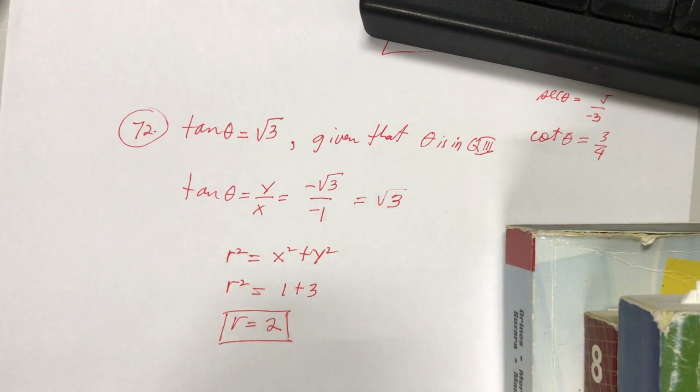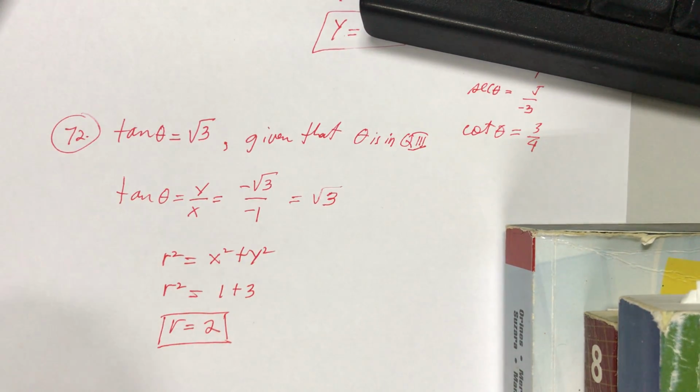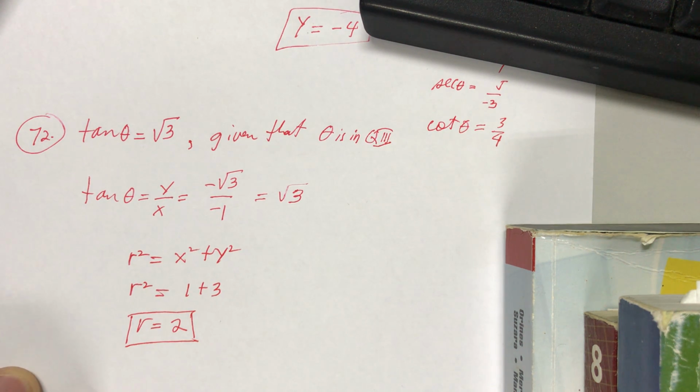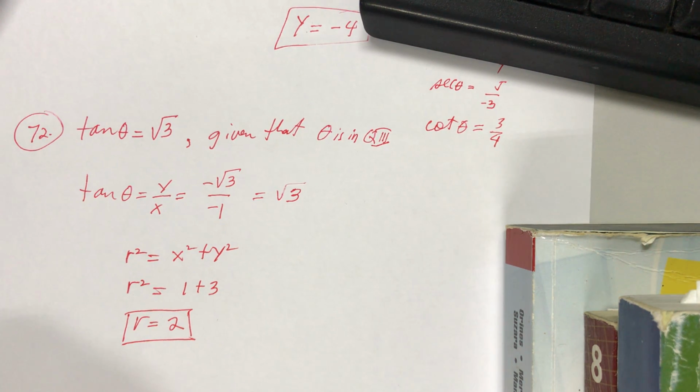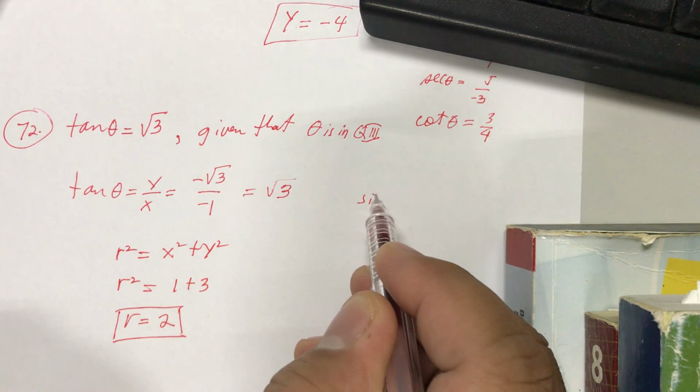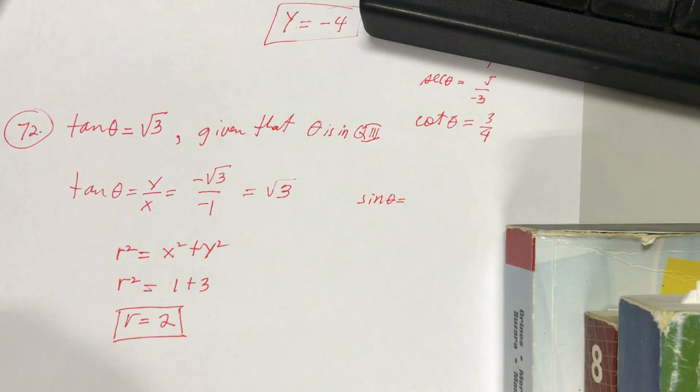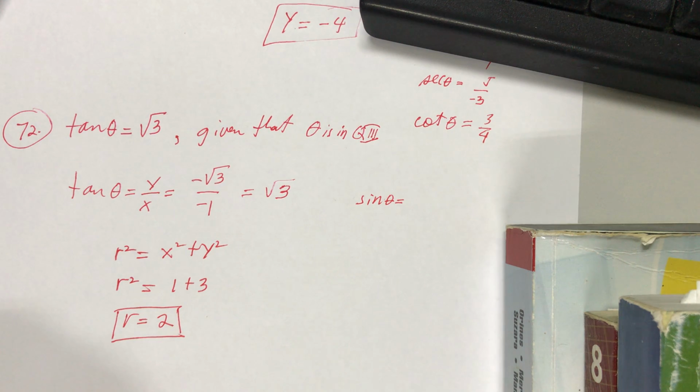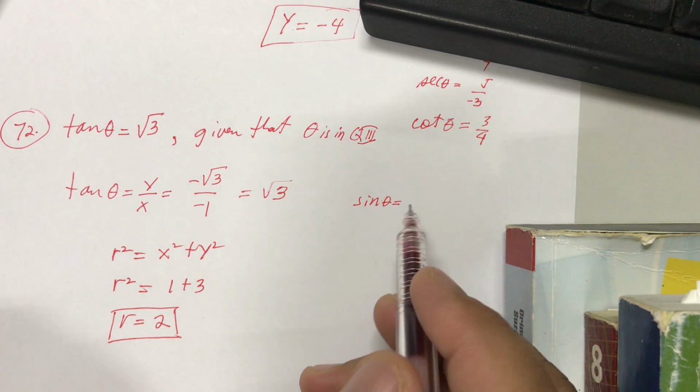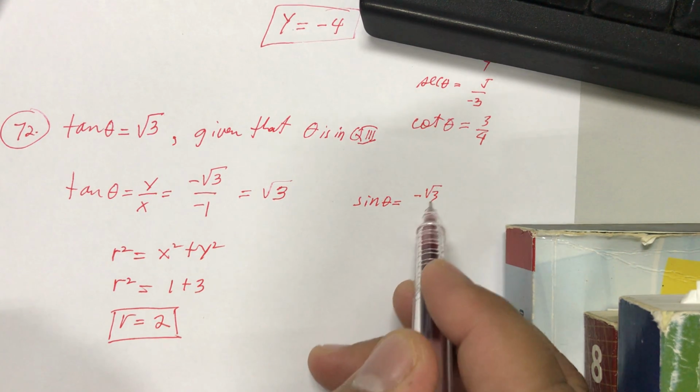You now have the values of x, y, and r. So it's time for you to find the other 5 trigonometric function values. First, sine theta. Sine theta is defined as y over r, so sine theta would then be negative square root of 3 over 2.